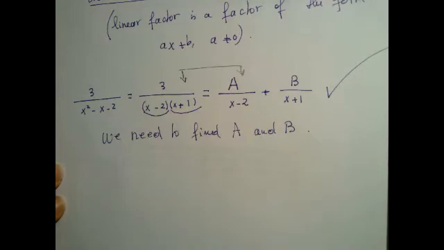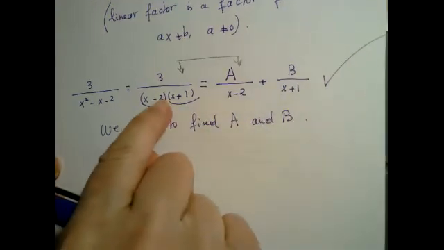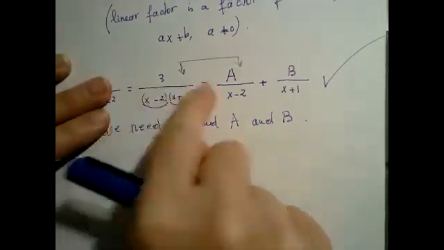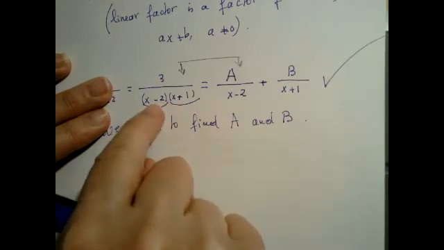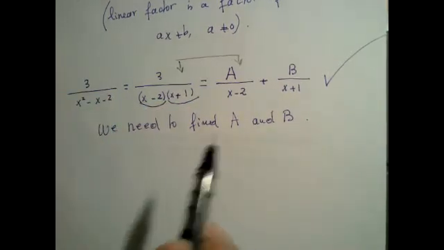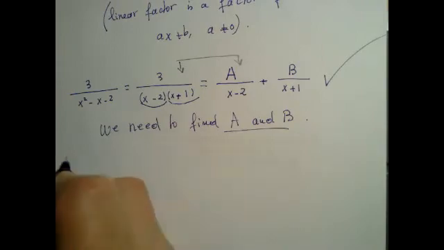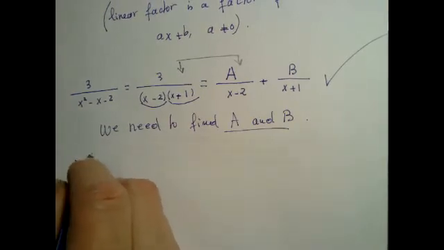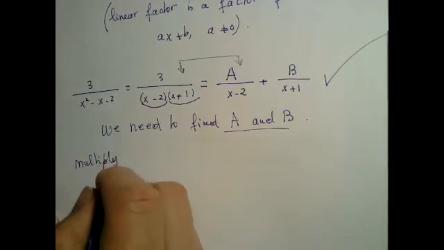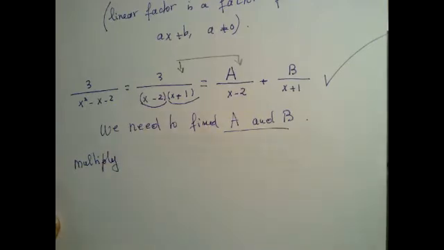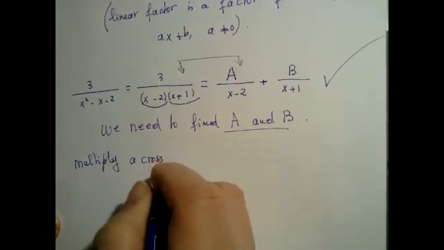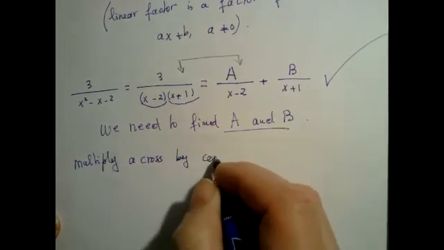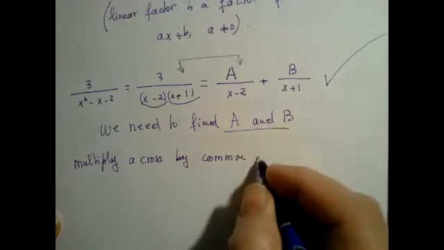If those are equal, I'm going to multiply this expression across by the common denominator, x minus 2 times x plus 1. So how to find A and B? Multiply across by the common denominator.